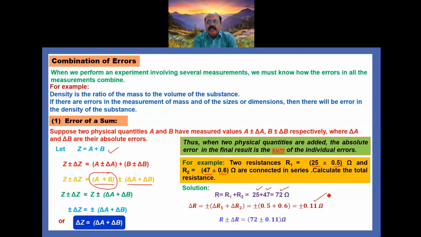Then the final result becomes R plus minus delta R equals 72 plus minus 0.11 ohm. So this is about error of a sum, and after calculating the error, how we can write the final result, I explained by taking an example.